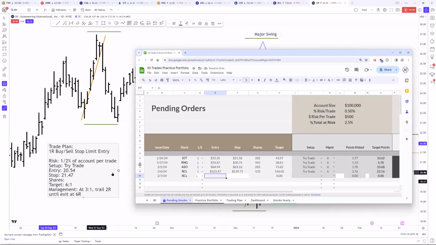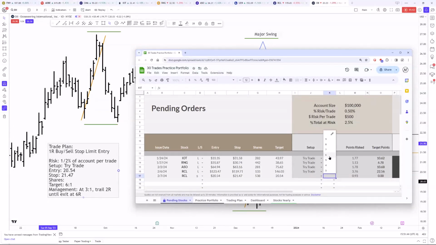And we know we're going to enter short at 20.54. And we know we're going to put a stop at 21.47. And that's going to calculate some shares for us. 538.